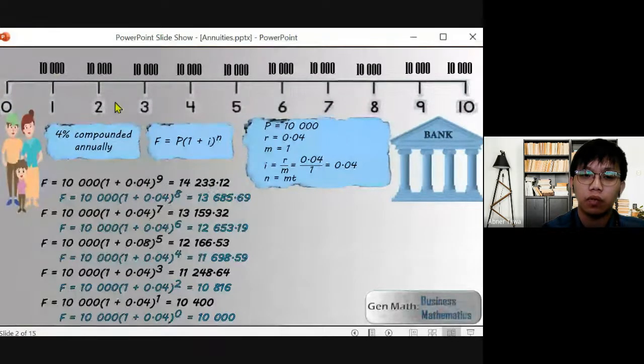So the length of time will be 8. We count from this point: 1, 2, 3, 4, 5, 6, 7, 8 years. And 8 times 1 is still 8. Then just calculate, and the future value of the second 10,000 will be 13,685.69. So we rounded off each future value to 2 decimal places only.